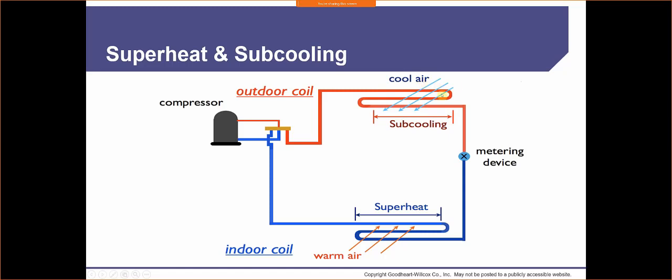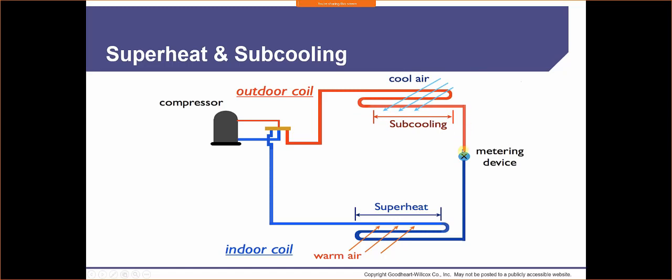So any type of cold air, or even warm air for that matter, is going to be cooler than the refrigerant line, and so the heat is going to want to absorb into the ambient air, and we're going to lower the temperature of our refrigerant.